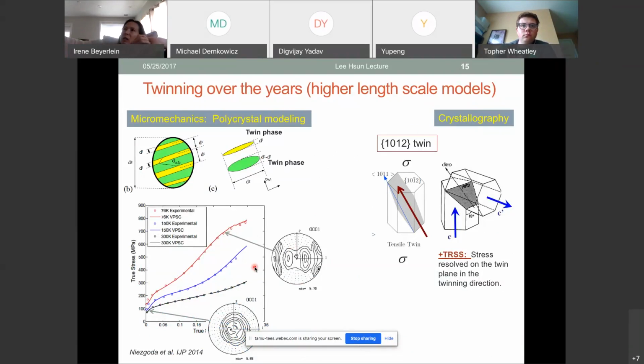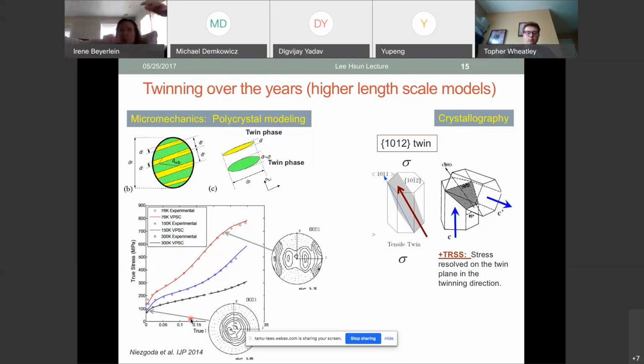And as those structures, once they reach that mesoscopic scale, those are the twins that are truly accommodating the deformation at that point. And those details of those twinning microstructures do then have an effect on the stress strain response.